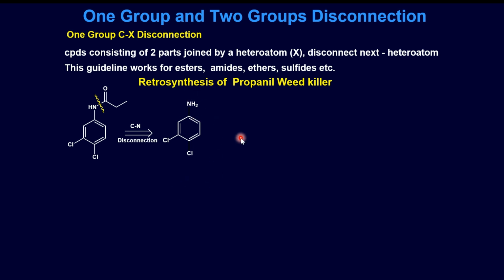CN disconnection. One part I'll get the amino derivative of dichlorobenzene. Amino directly I cannot add. That's why I do functional group interconversion. I'll get nitrodichlorobenzene. I will do CN disconnection and I'll get dichlorobenzene. I take dichlorobenzene, nitrate it using nitric acid and sulfuric acid mixture in their concentrated form.